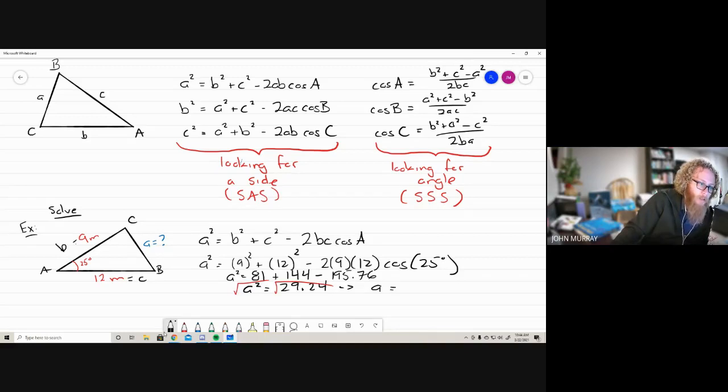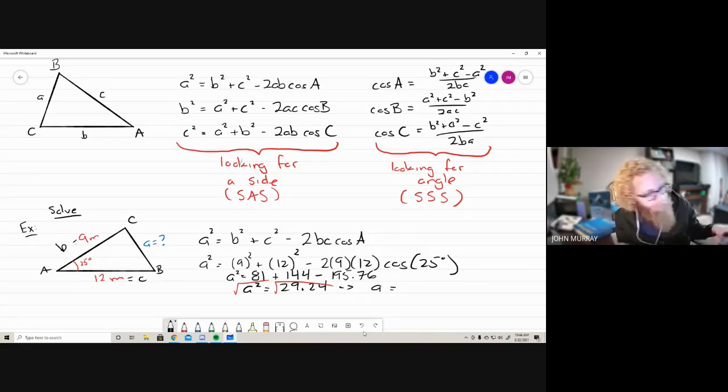Because we are dealing with geometric figures and geometric concepts, I'm going to contradict myself from earlier this year, and I'm not going to put a plus or minus in front of the square root, because it wouldn't make sense to have a negative measure.